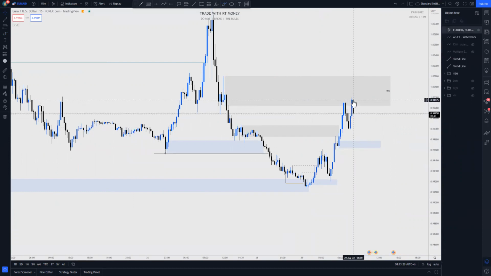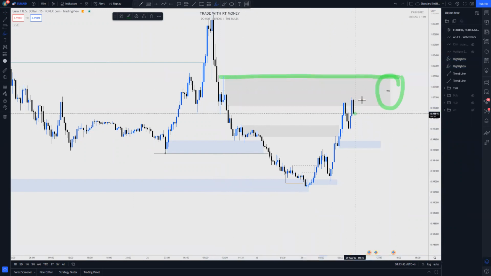And we are coming towards the mitigation of the middle of this 15-minute zone. So I am looking. I already gave you what I'm looking for. I don't have a bullish scenario that I would recommend. The only recommendation is if price comes up here to break and close above this 15-minute zone.